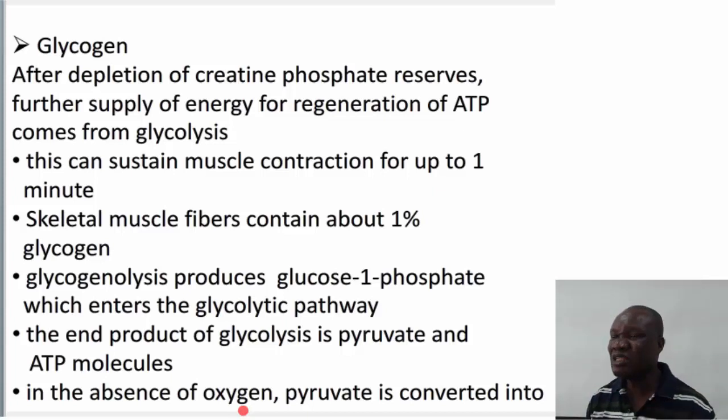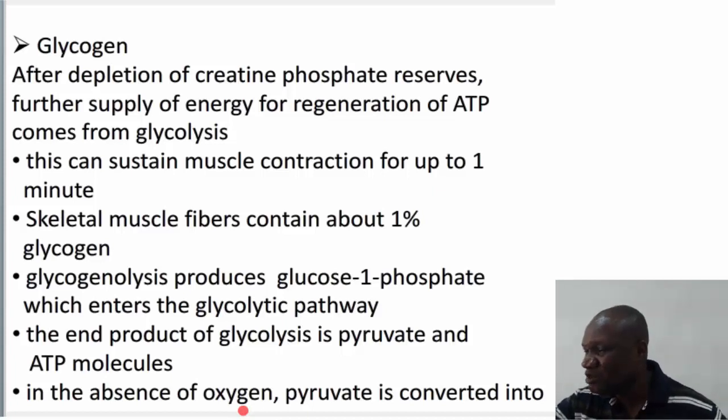Now, this creatine phosphate would phosphorylate ADP. You know, ADP is a product of hydrolysis of ATP. If ATP is hydrolyzed, we get ADP and inorganic phosphate. This inorganic phosphate is usually used as the source of energy for most activity.